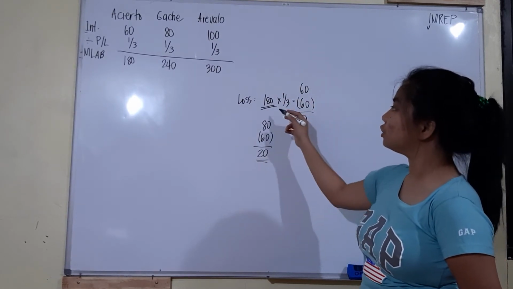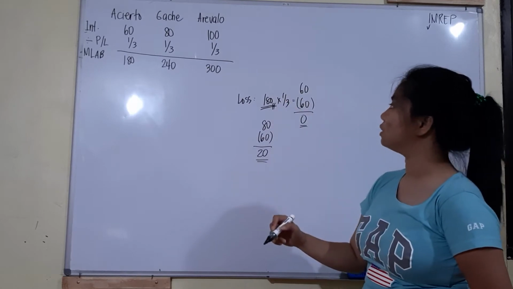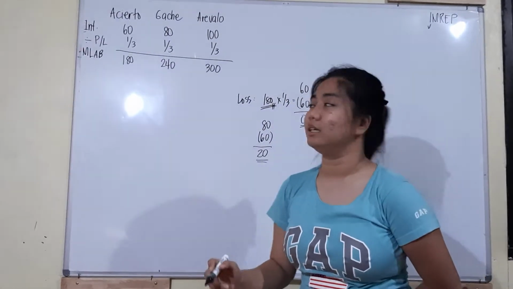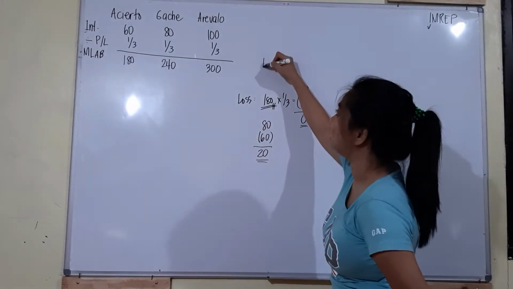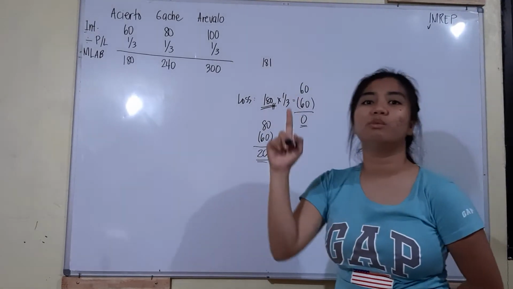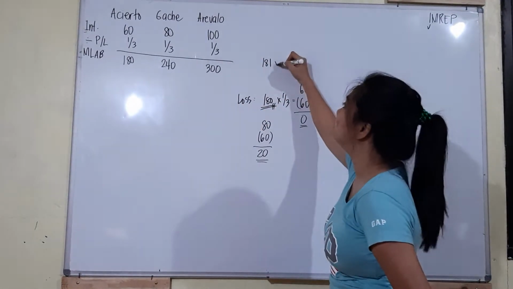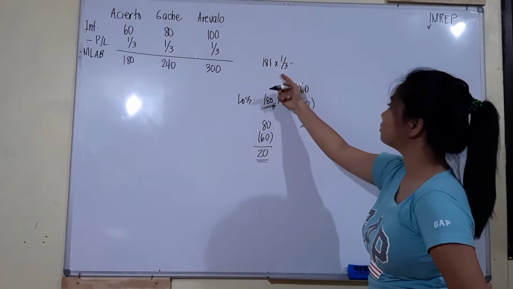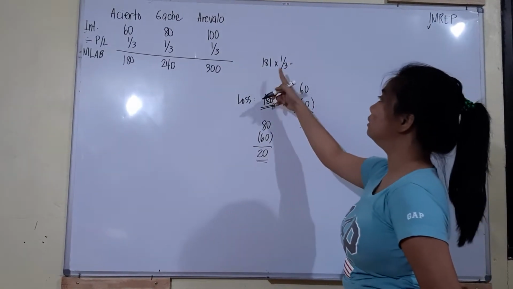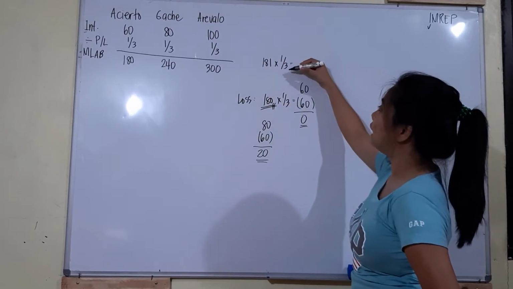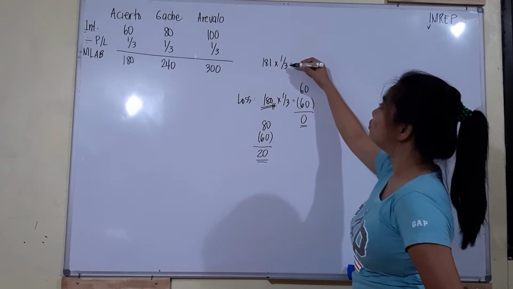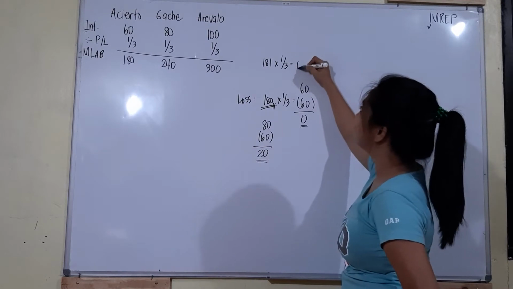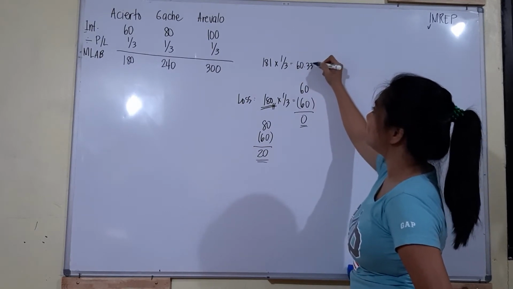Okay? So, si Asherto, ang maximum na kaya niyang tanggapin na loss ay 180. Kasi pag halimbawa, itong 180 ay naging 181. So, lumamang lang ng 1,000 pesos. No? So, pag dinivide mo yan sa 3 or tinimes mo ng 1/3, ibig sabihin yan, ang i-absorb niya na loss ay magiging 60.333.